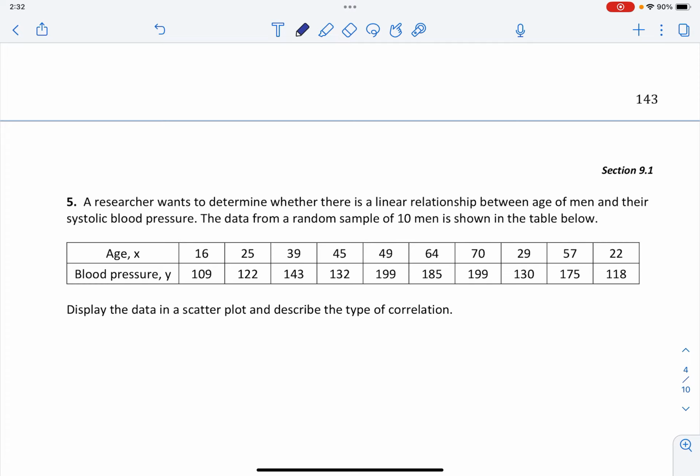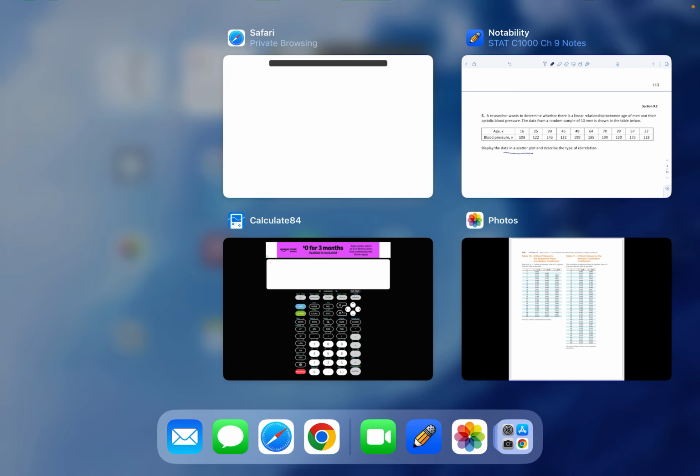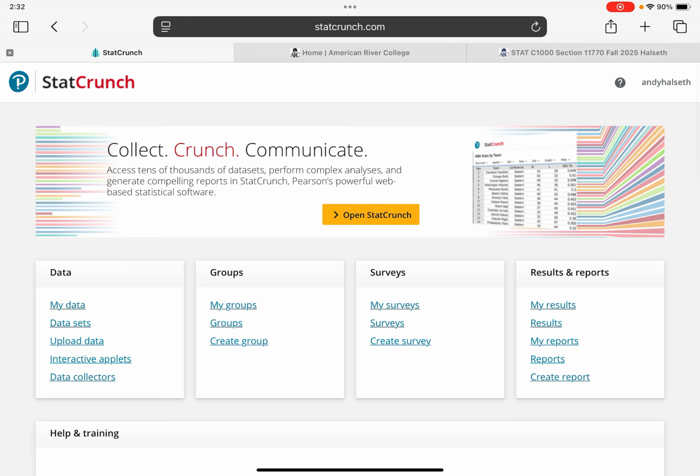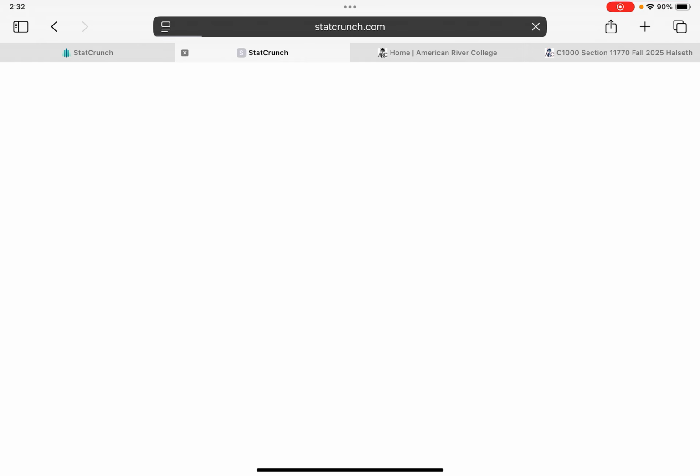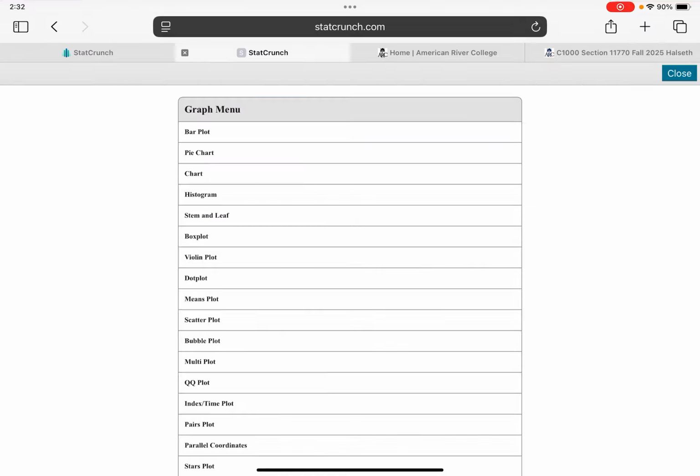To do the scatter plot, we're going to use technology as opposed to drawing it by hand. Let's load that into StatCrunch. StatCrunch could do that for us. So I have StatCrunch here. I can open it up. Where it's located is graphs. I can click on graph, scatter plot.